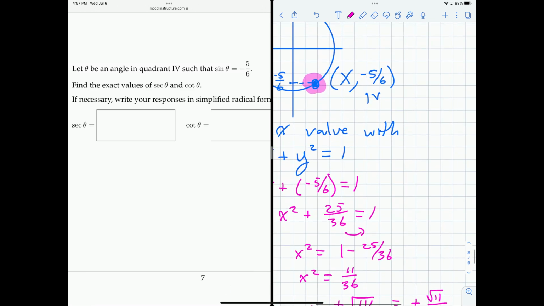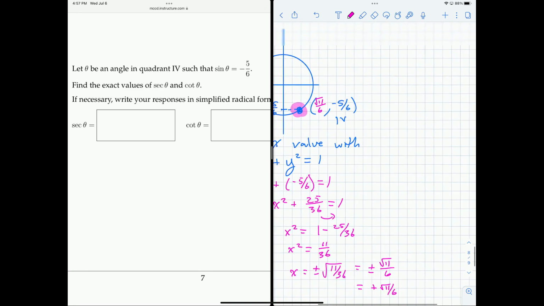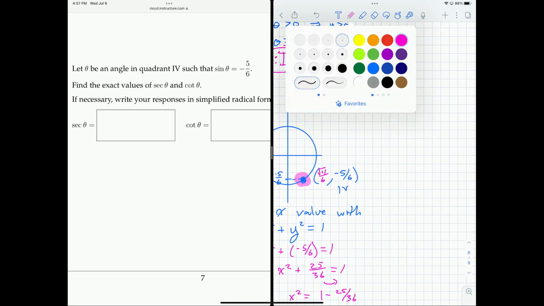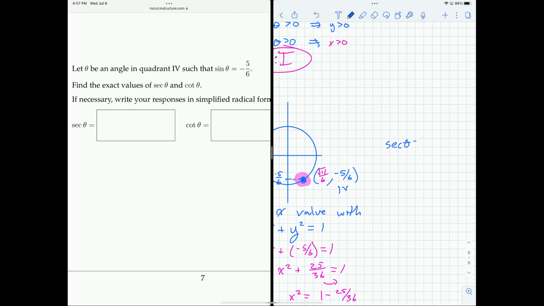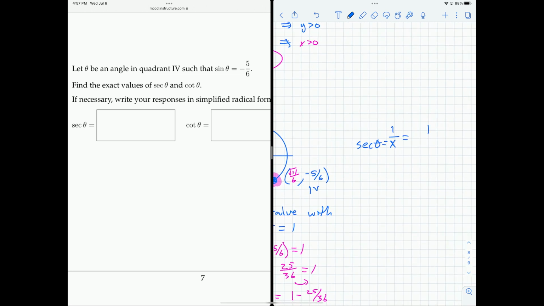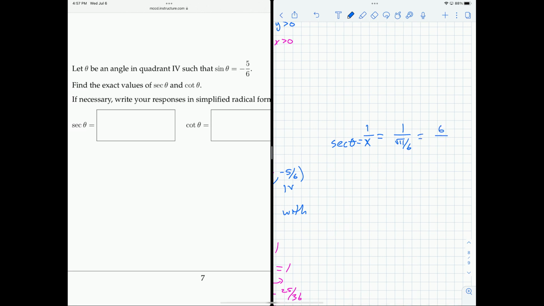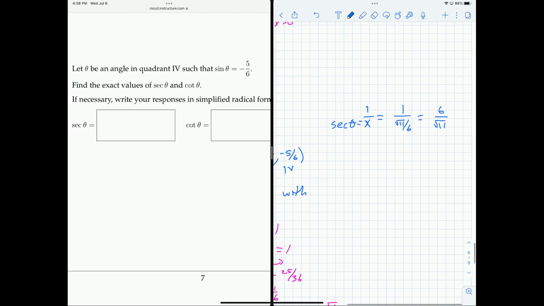Okay, now once you know that, then you've got the x and the y value, and now you just use your formulas for unit circle trig. The secant of theta should be 1 over the x value, which is 1 over root 11/6, which is 6 over root 11, which is 6 root 11 over 11 if you simplify.